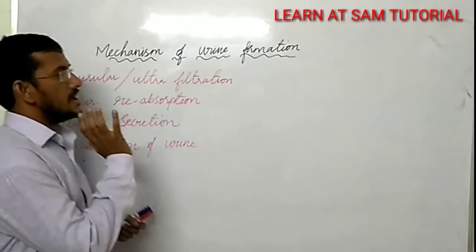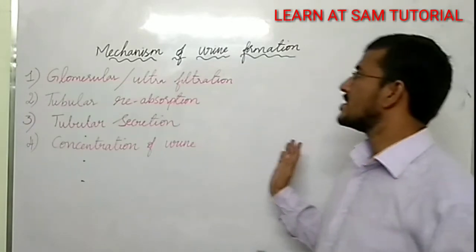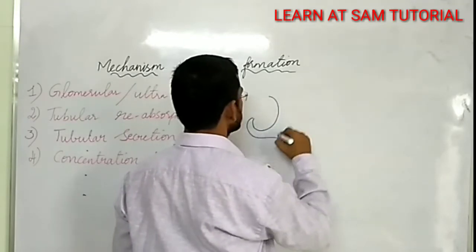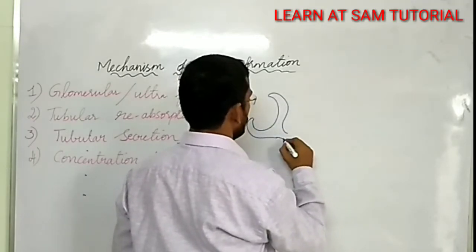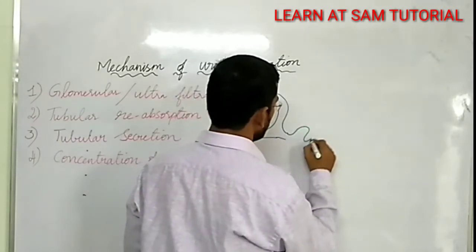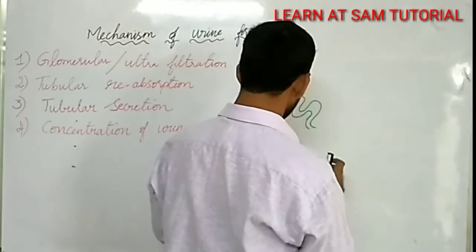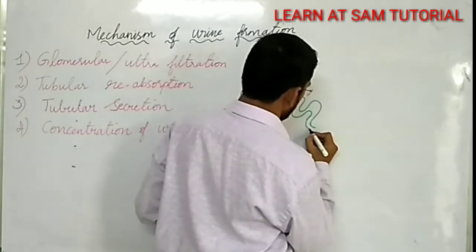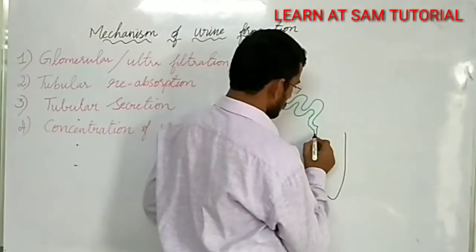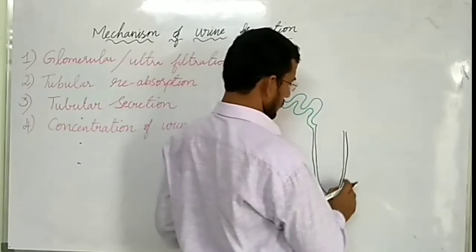So let me draw the diagram to make you understand this urine formation. So this is Bowman's capsule. From Bowman's capsule, the proximal convoluted tubule arises. From the proximal convoluted tubule, a structure called loop of Henle arises.